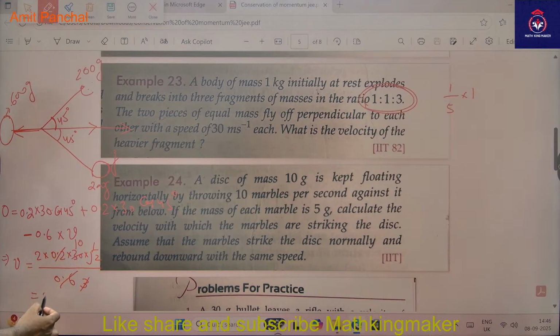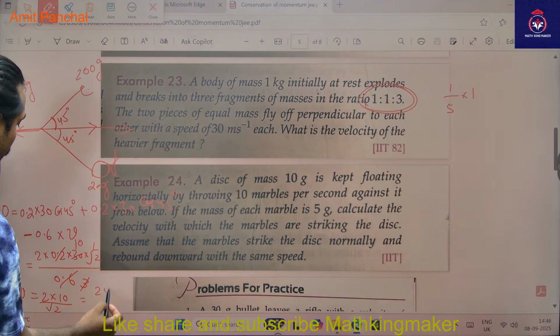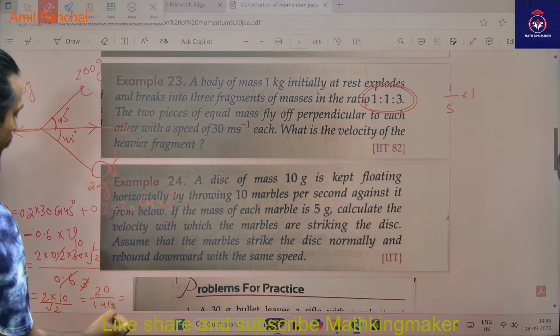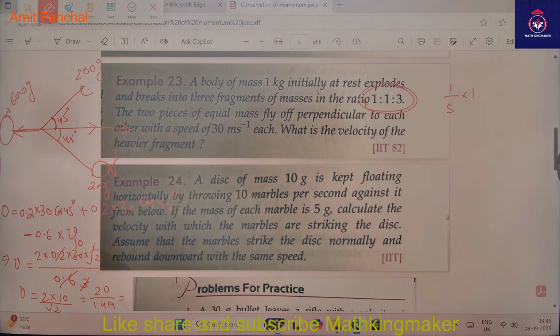So that will be 2 into 10 divided by root 2. So that will be exactly 14.14 meter per second. So 20 by root 2 is 14.14.